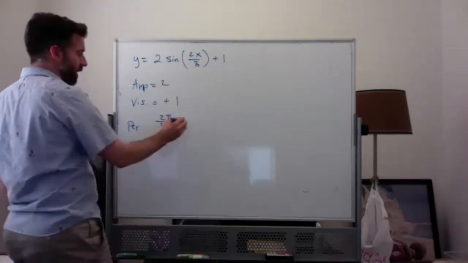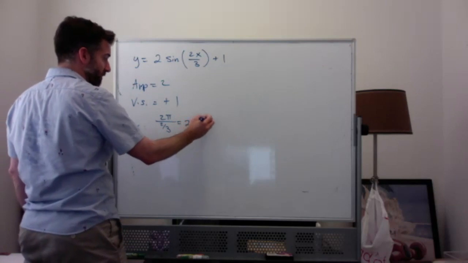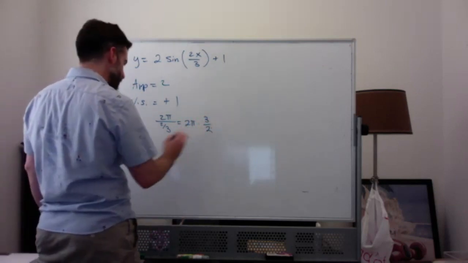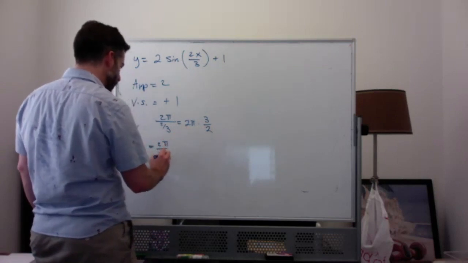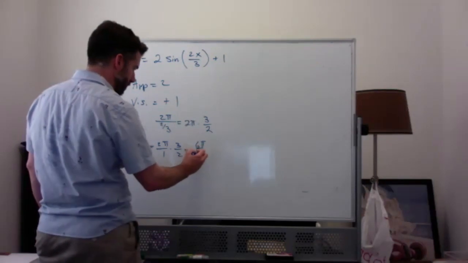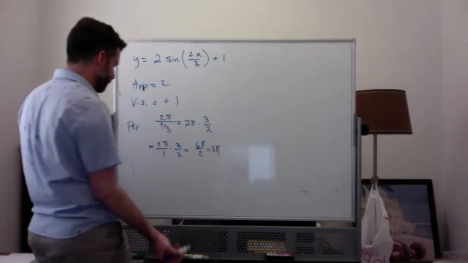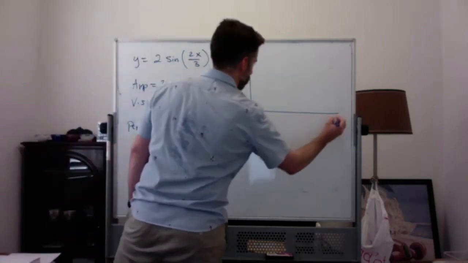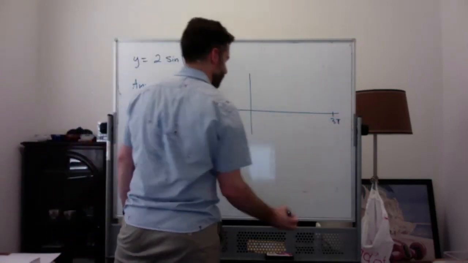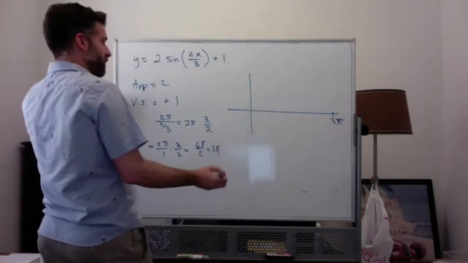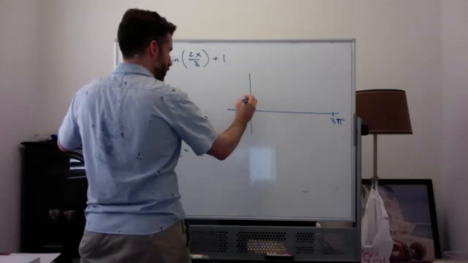When you divide by a fraction, you multiply by its flip or reciprocal. 2 pi times 3/2 is 2 pi over 1 times 3 over 2, which is 6 pi over 2, which is 3 pi.